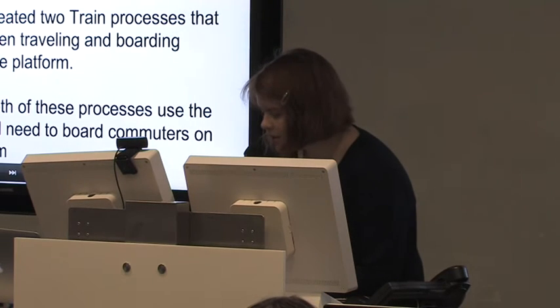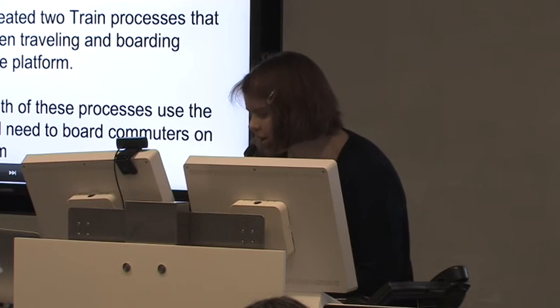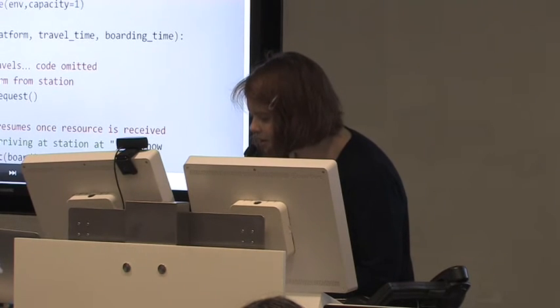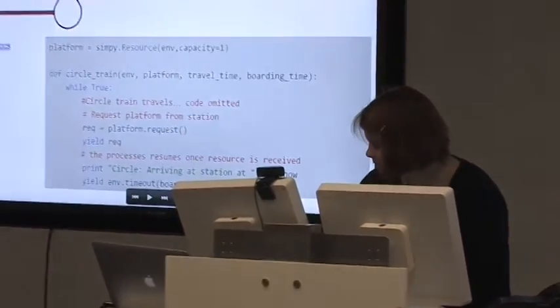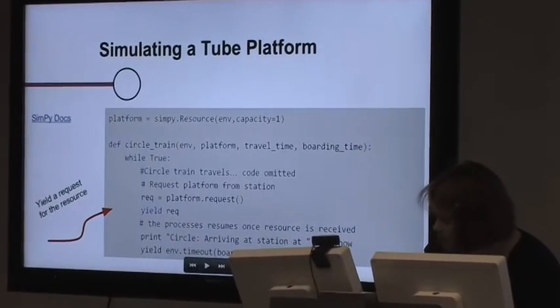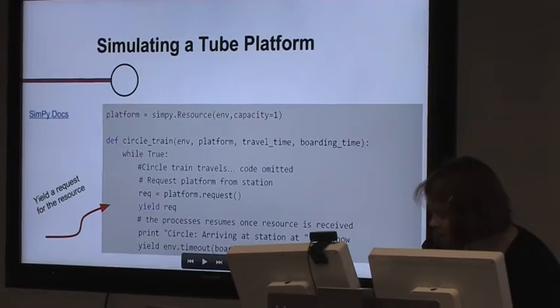So previously we created 2 train processes. Now let's try to create a platform which can only be used by 1 train at a time. So how do we do this? We create a SimPy resource by calling the resource constructor. Then inside our circle train process, we create a request by calling platform request.